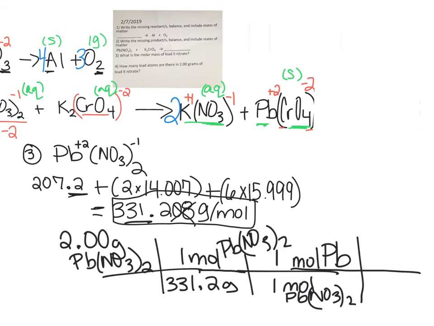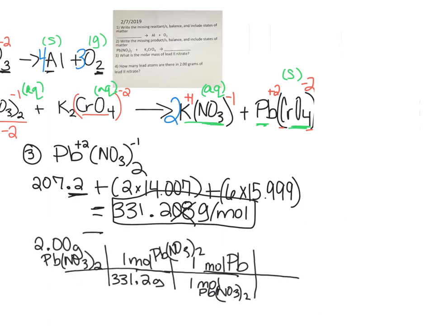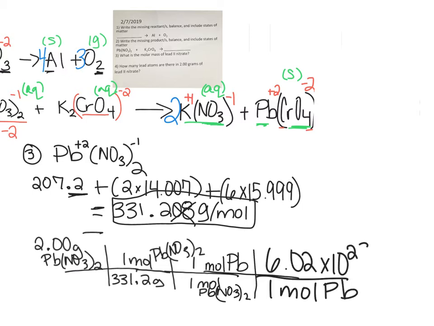A 1-to-6, right? And that actually makes a difference. So I did one where it won't make a difference, just to show you the step. Let me finish this out. So then you would have 1 mole of Pb is equal to 6.02 times 10 to the 23rd atoms. Okay?